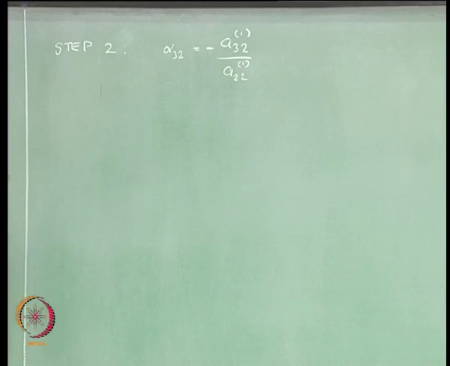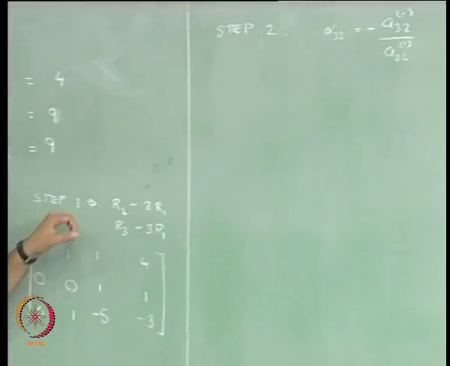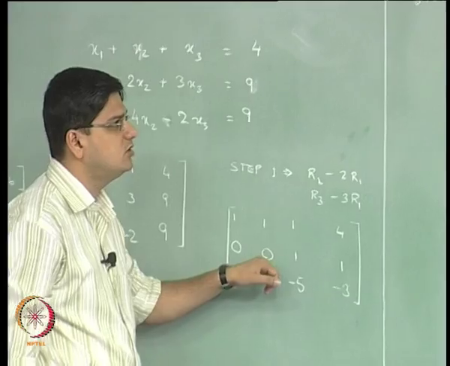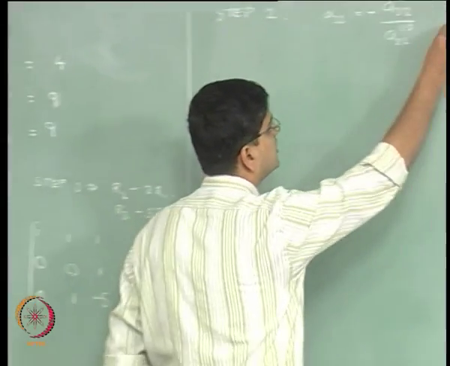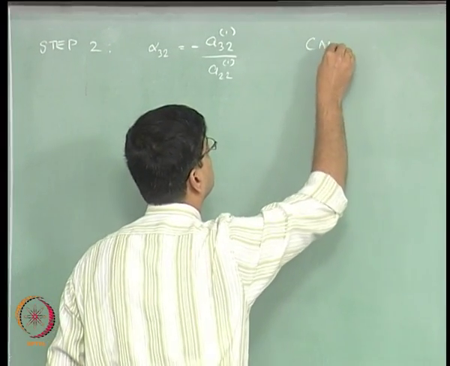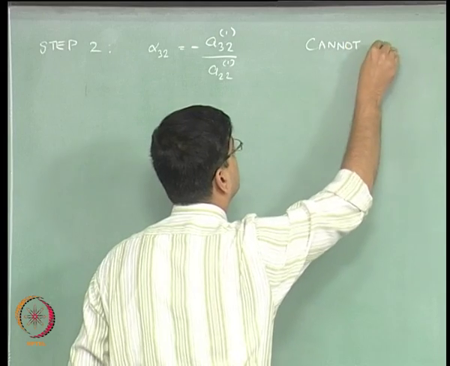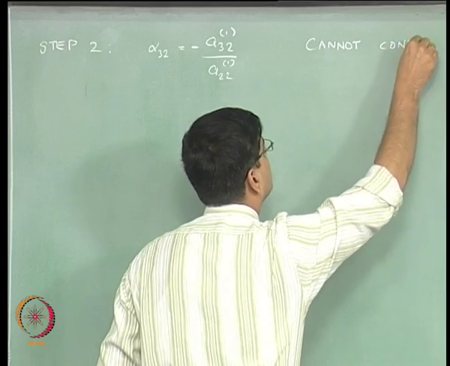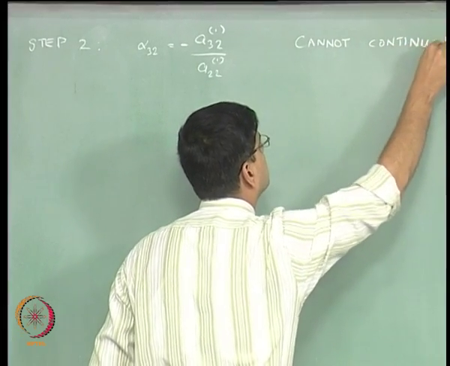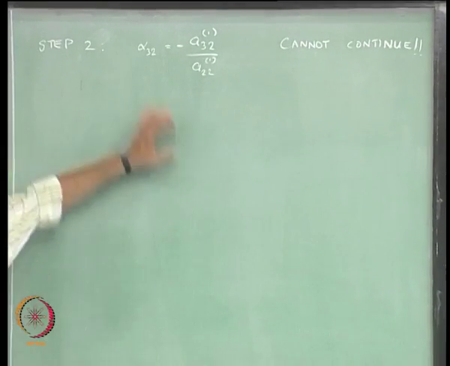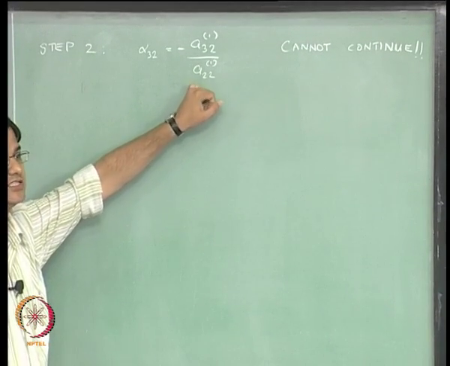And now the A22 value that we have gotten after our step 1 is 0. As a result, this cannot continue because A22 has become 0.